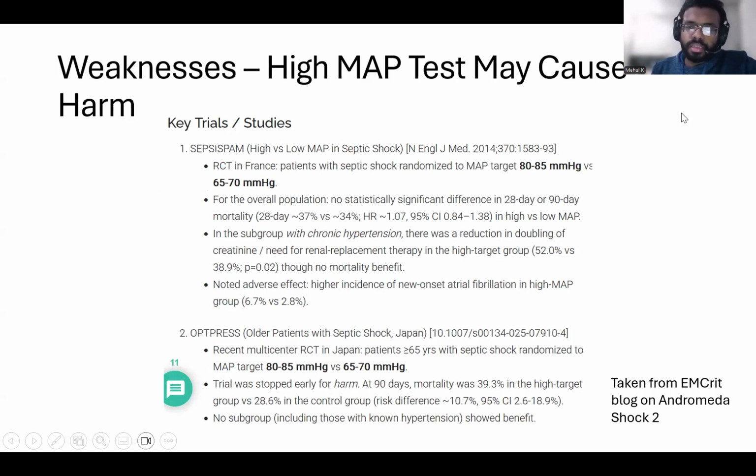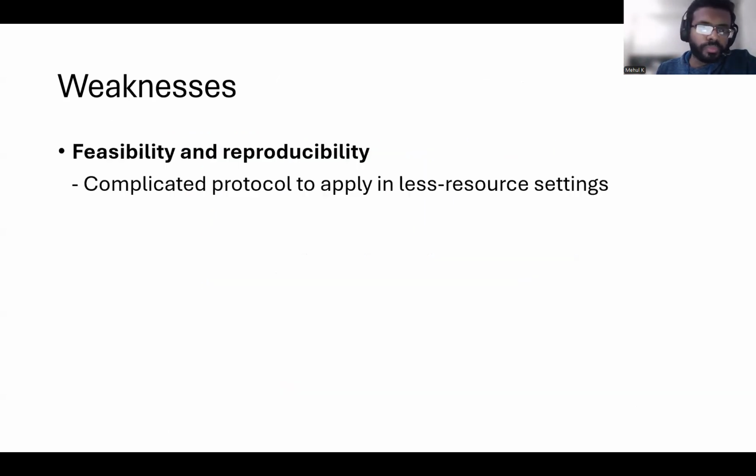Again, I think these studies were published after this trial actually began, so it's not a fault of the authors, but again this limits the applicability of the protocol in our everyday practice. So maybe we should incorporate some of these things in our practice, but not all of them blindly.